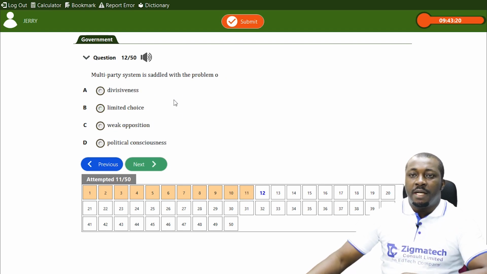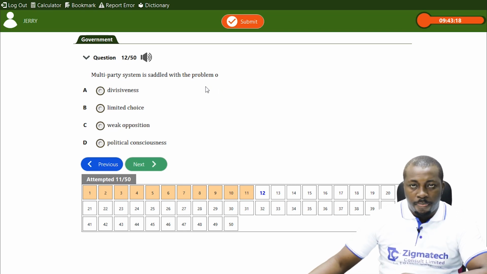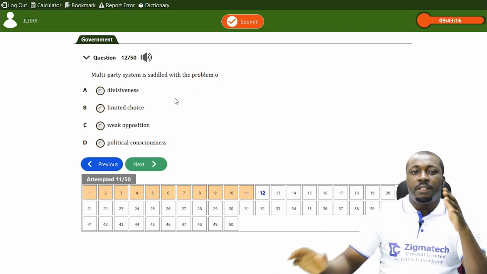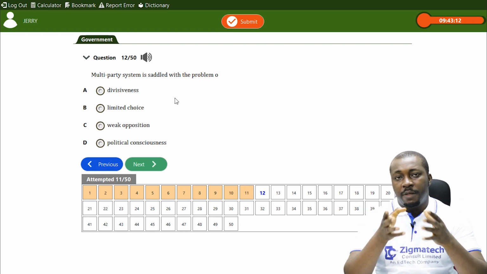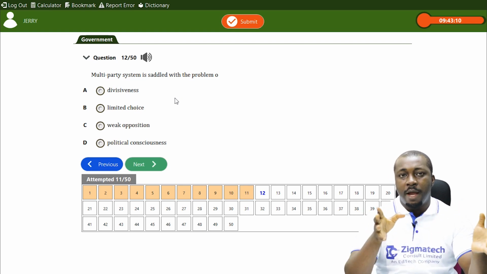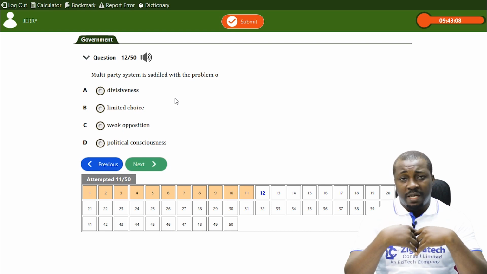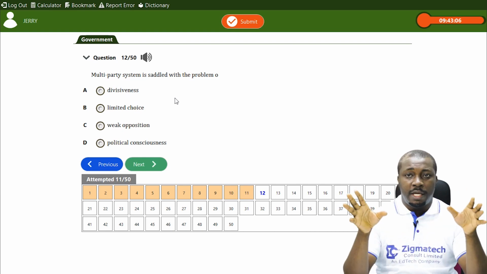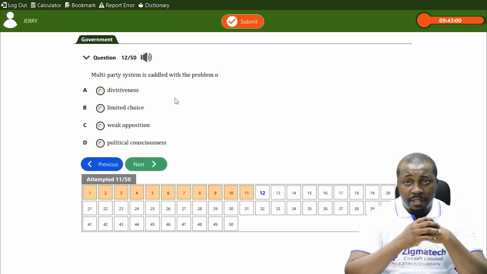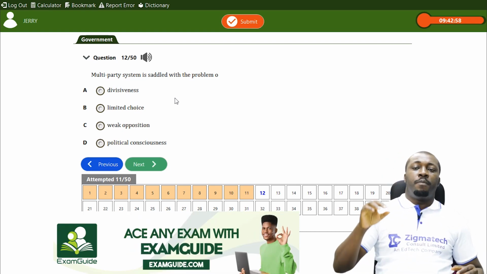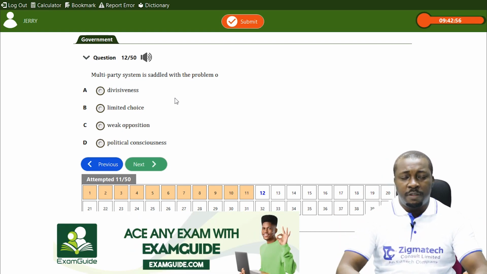Multi-party system is saddled with the problem of... this is testing your knowledge on multi-party, where a multi-party system is a party system where more than two political parties are allowed to operate in a state. Example, like Nigeria, where we have over 60 political parties operating. Now, there are many problems of this party system, the major being division.